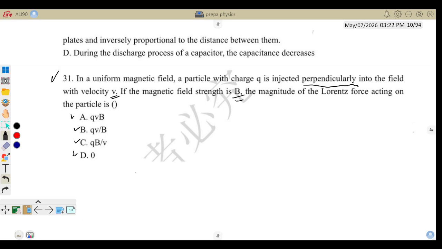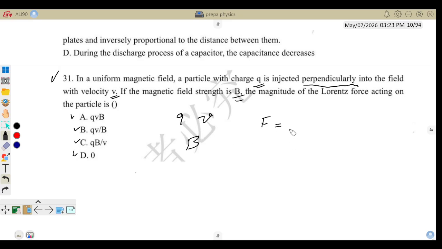As we know, we need to state the formula of a magnetic force. If a charge Q is moving with a certain velocity v inside a magnetic field, it is experiencing what we call a magnetic force.